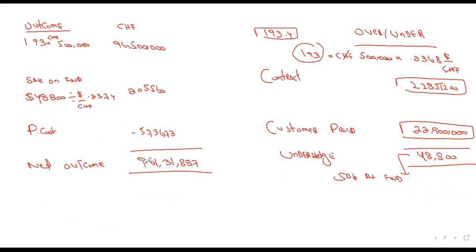Because in the options you have a premium cost as well, which decreases the final answer. So, based upon the calculations performed in the appendices, we should go for the forward market.